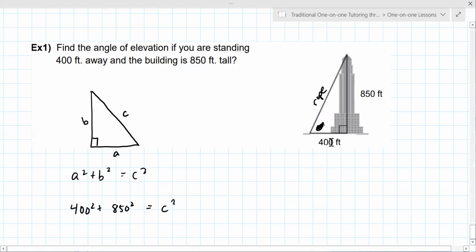Yeah. Okay. So I want you to calculate the 400 squared plus the 850 squared, please. It's 160,000. So it's quite large, but go ahead and add them together. Okay.